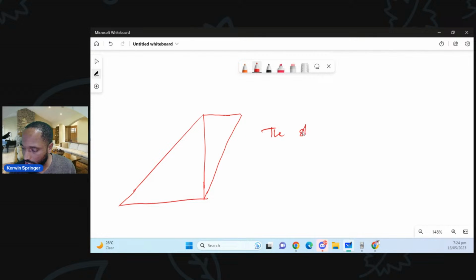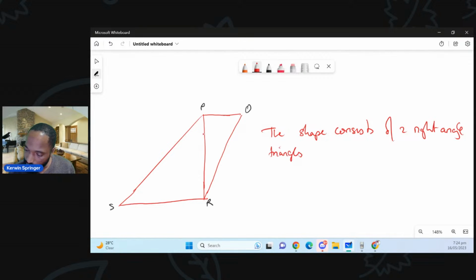The shape PQRS consists of two right angle triangles. And that's all they give you.